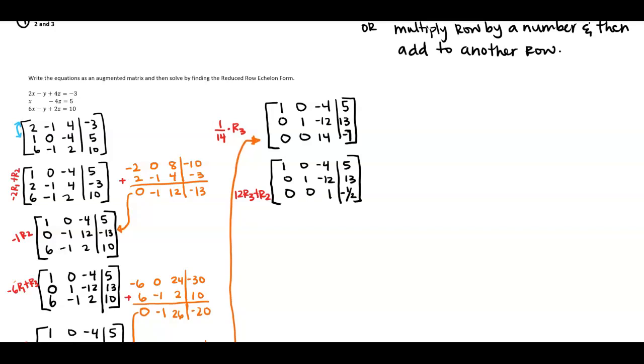So row 3, I get 0, 0, 12, multiplying row 3 by 12, and then 12 times negative 1/2 is going to give us a negative 6. And then I'm adding it to my row 2.